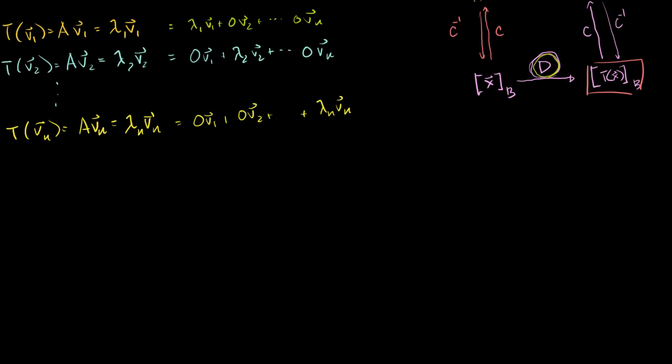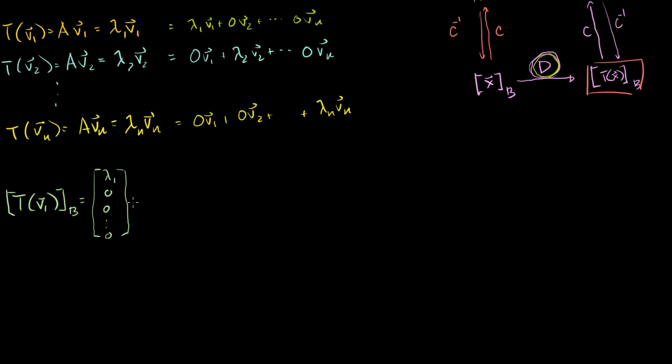If I wanted to write the transformation of v1 in B coordinates, what would it be? These are the basis vectors, right? So it's the coefficient on the basis vector. It's going to be lambda 1 times v1 plus 0 times v2 plus 0 times v3 all the way to 0 times vn. That's what it's equal to.